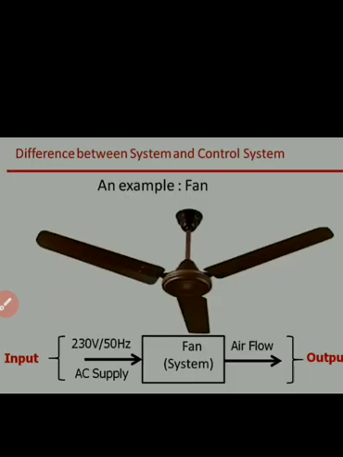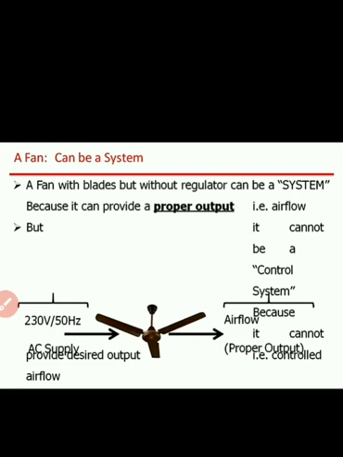Let me tell you clearly. A fan with blade but without regulator can be a system because it can provide an output, but the airflow by it cannot be a control system.